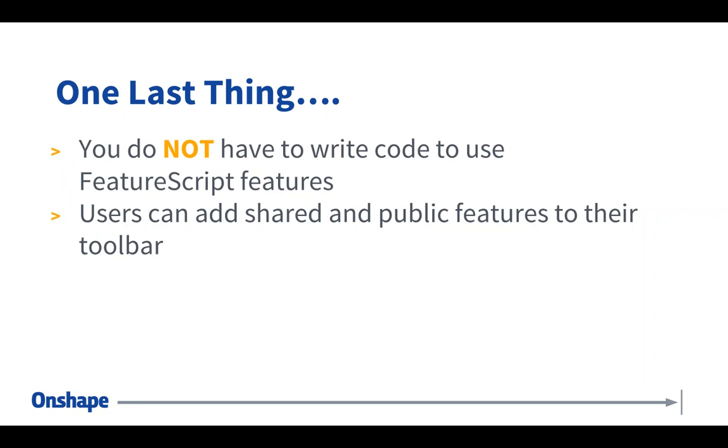So it's important to point out, you do not have to write code to use FeatureScript features. They can be easily added to a toolbar, either from public documents. Maybe the document has been shared publicly. I'll show you some examples of those. Or maybe you've written an internal feature and you want to share it with those in your company. You can do that as well. So it is very easy to distribute this once you've created it.